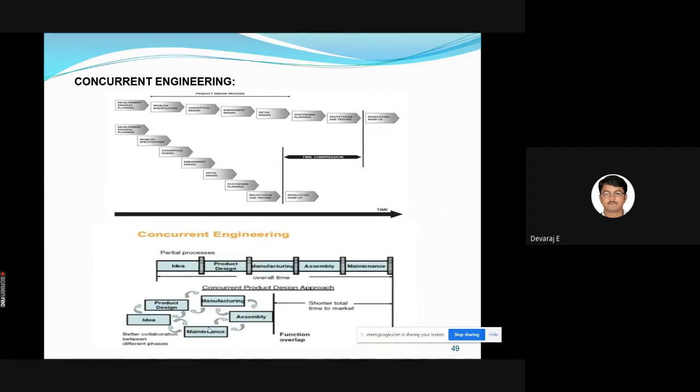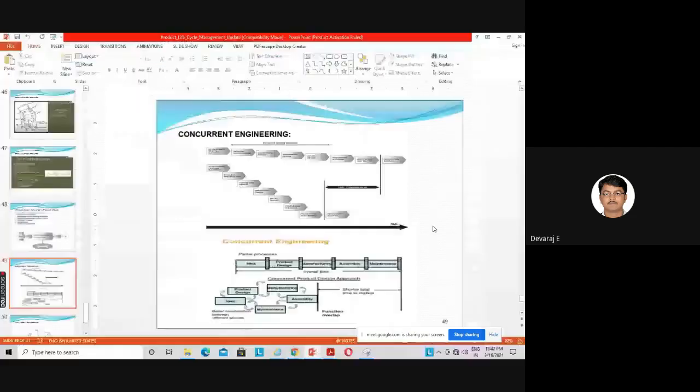Every manufacturing department head, assembly department head, maintenance head, as well as the design thinking head and the product design engineer, everyone will be sitting in the same room, analyzing whether I can finish the task, whether I can manufacture the product within less time or not, and how I can manufacture. Once the idea is generated, immediately all the heads will see the idea generation, or you can say the concept. I think everyone is getting it.